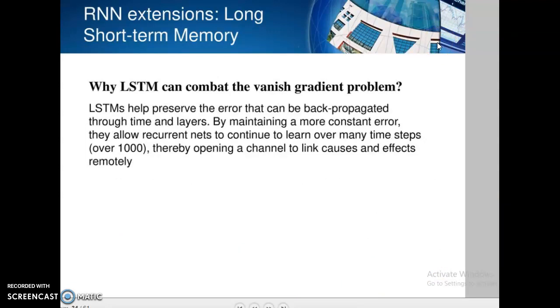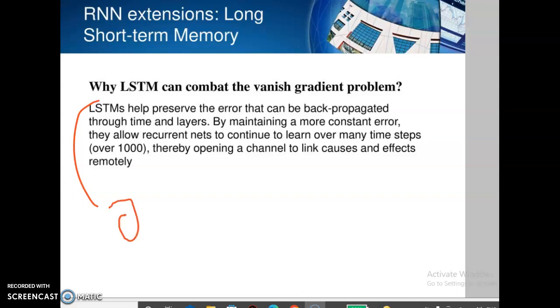Why can LSTM combat the vanishing gradient problem? LSTM helps preserve the error so it can be backpropagated through time and layers by maintaining a more constant error.